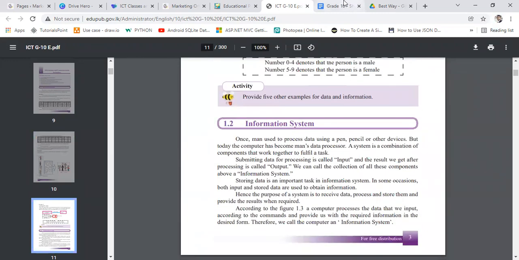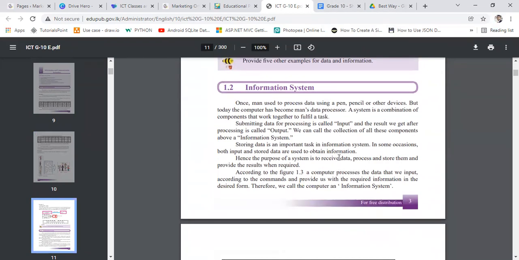And the next thing is information system. An information system is a system which can produce information, which can give us information. It can be a manual system or a computer-based system, but it should produce information.